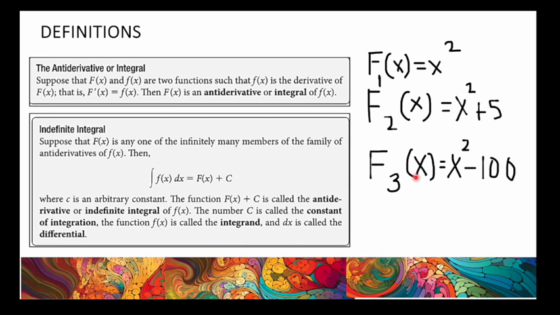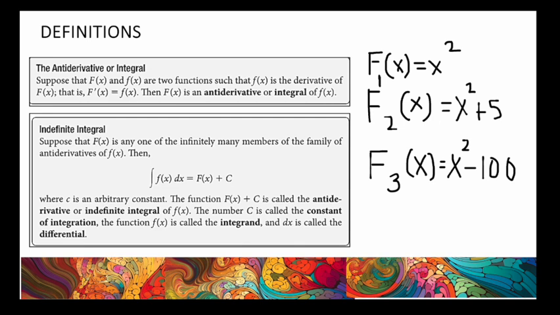So there are so many different functions that we could take the derivative of and get the same derivative, even though the original function is different. And that is because when we find the derivative, any constants disappear. The derivative of a constant is 0. So that is why we add in this constant. We don't know what that original constant was because we're working backwards from the derivative.